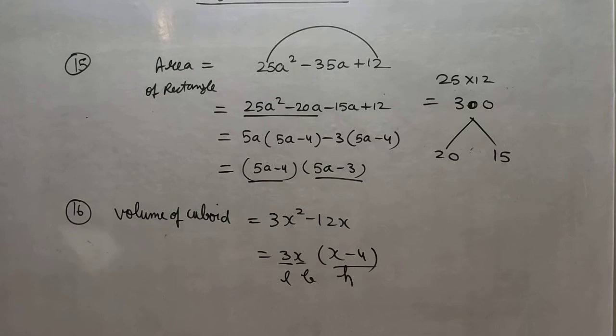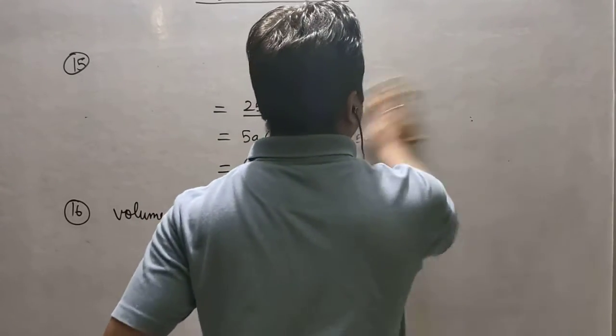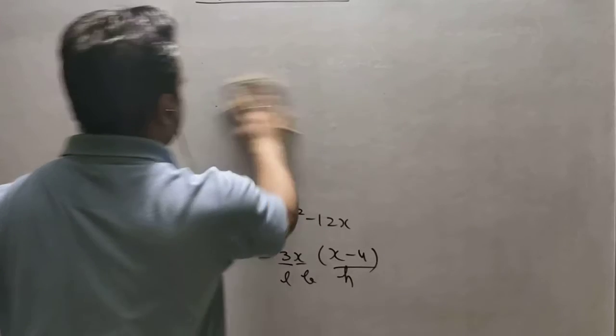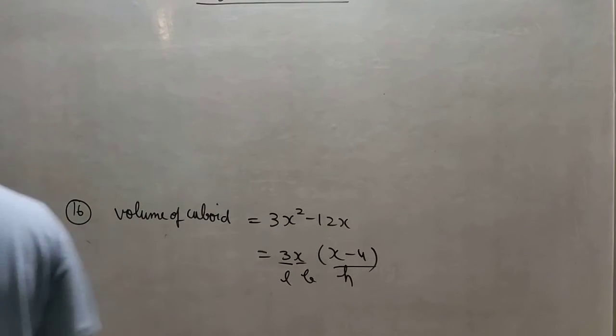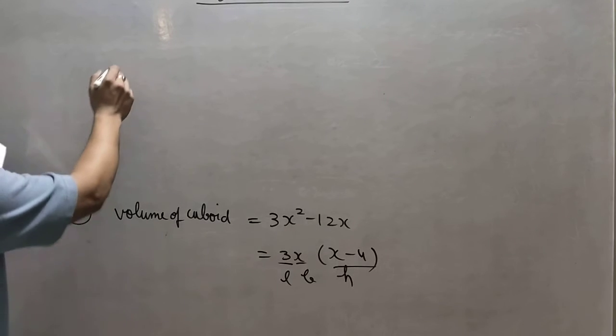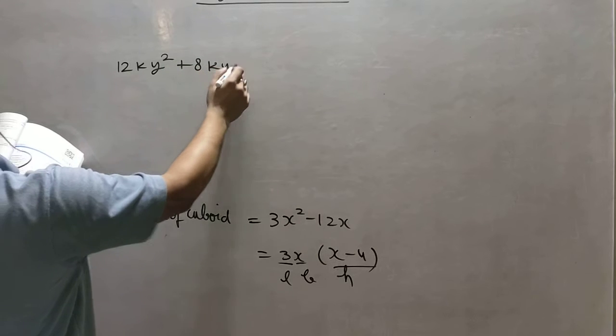It is related to 12ky square plus 8ky minus 20k. Again we have to find factors here, but there is a k. Sometimes students get confused here because they think there is one more variable, but it is not a variable, it is behaving like a constant.